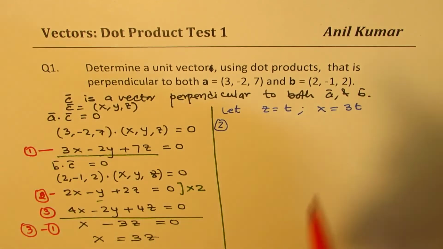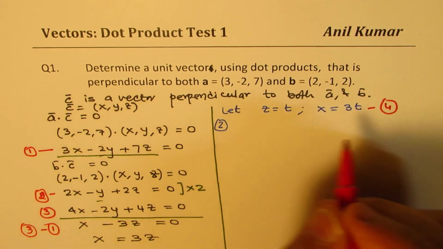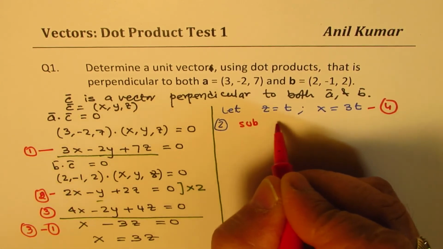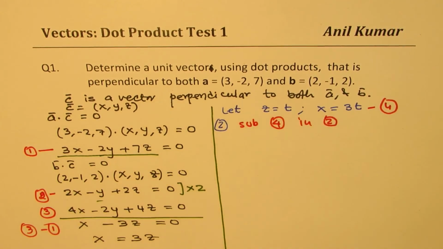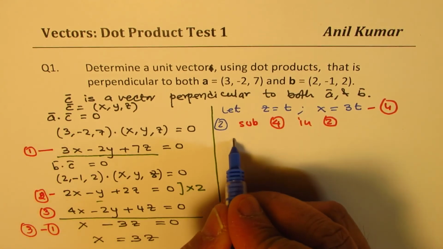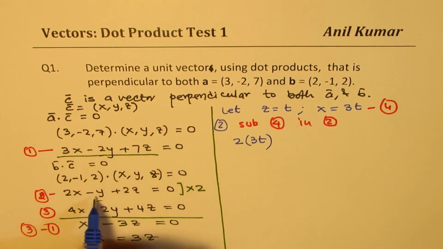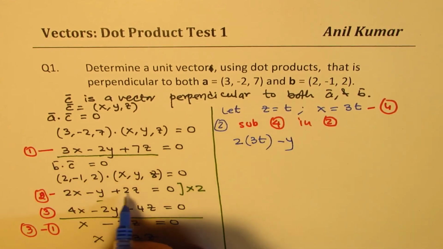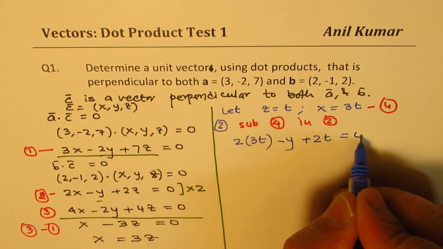We'll call this equation number 4, so sub 4 in 2. Okay, 2 is 2x, so we'll write 2 times x, which is 3t, minus y, we don't know what y is, plus 2 times z, and z is t for us. That should be equal to 0.